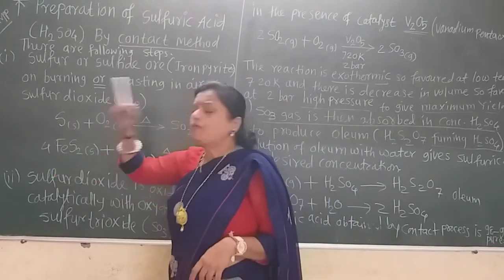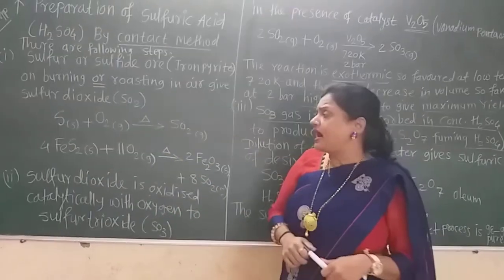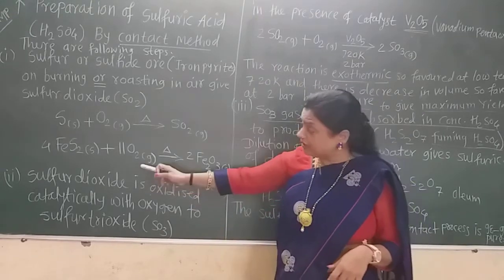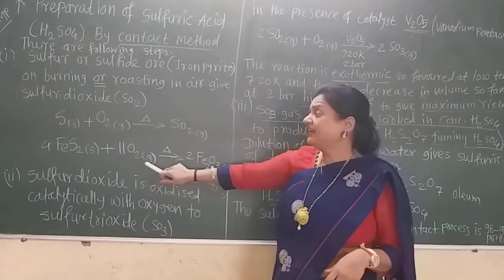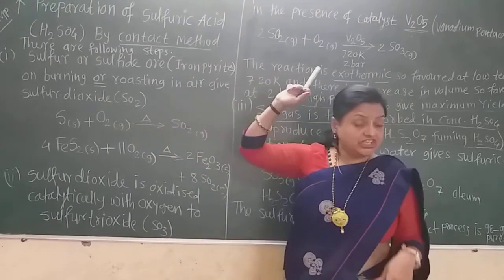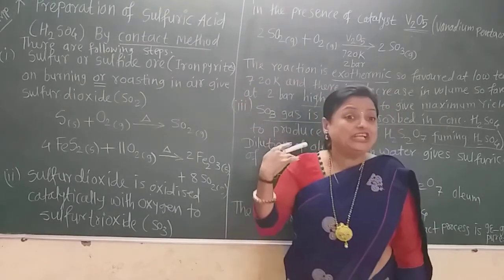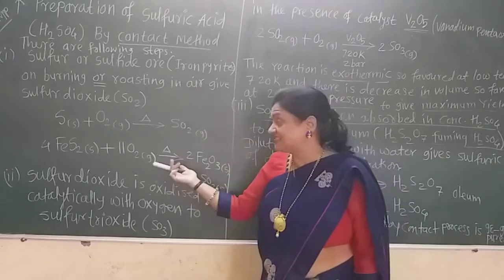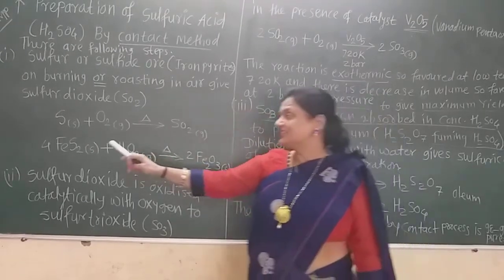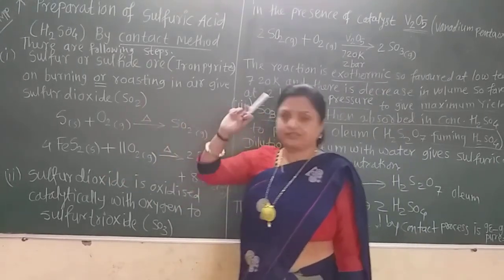So 4 molecules of iron pyrite when burned or roasted. Roasting means that in the presence of air at high temperature, with plenty of oxygen, when any substance reacts with it, that is called roasting in air.